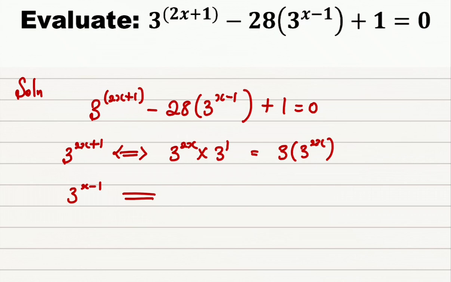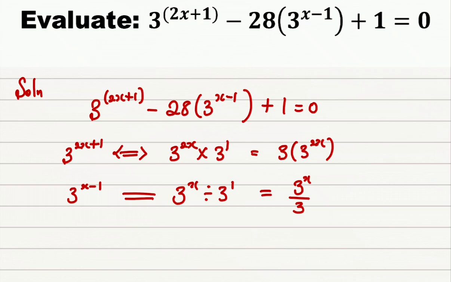Just as we did the first one, I can have it as 3 raised to power x divided by 3 raised to power 1. Of course, that is what it says when it comes to division under the same set of laws, and this is going to be 3 raised to power x all over 3.